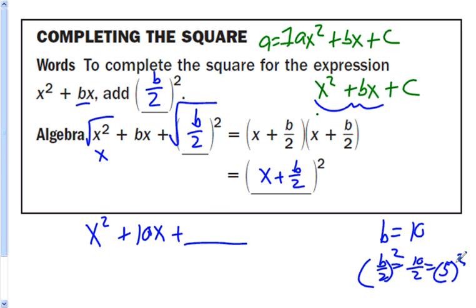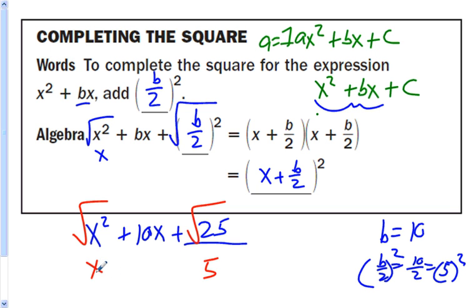So if I take 5 and I square it, I get 25, and I'm going to add it to the end of this expression. And what I'm left with here is a perfect square trinomial. And you can do the test on it to see. Take the square root of the first term, that gives you x. Square root of the last term gives you 5. In the middle, I should have 2 times x times 5.